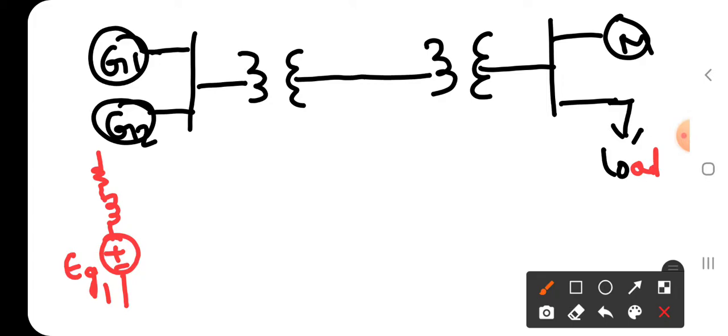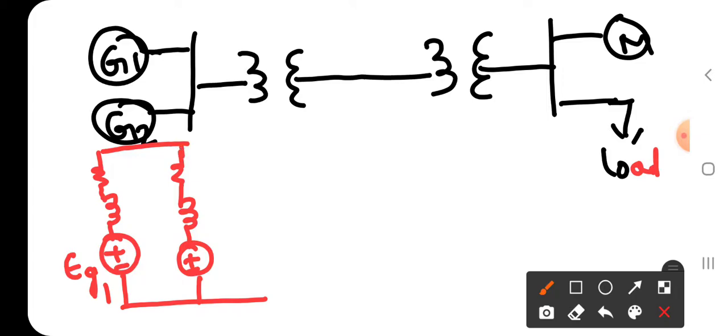Similarly, this is for EG2. These two are connected here, therefore I place them like this.